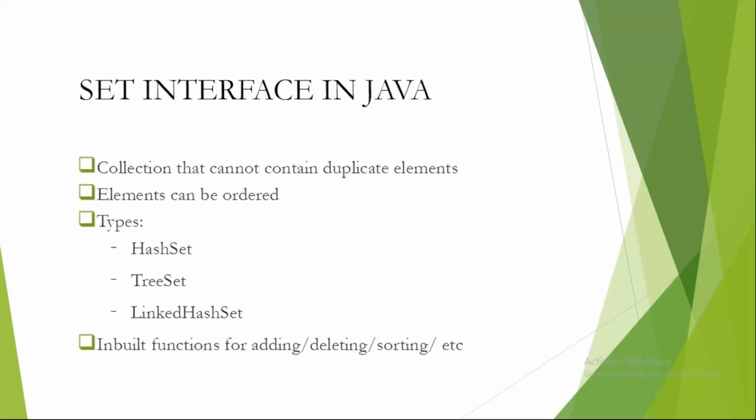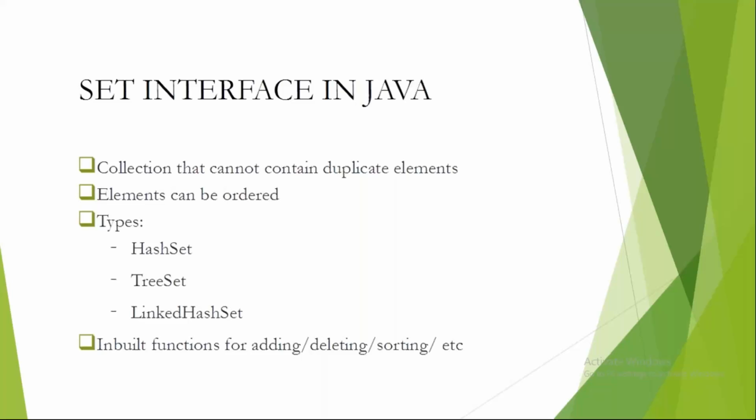Set interface is another interface in Java. With arrays, one problem was that we cannot eliminate duplicate elements. To check if an element is already there, you have to access the entire array once and go through it to check if the element is already present or not. In the set interface, what happens?